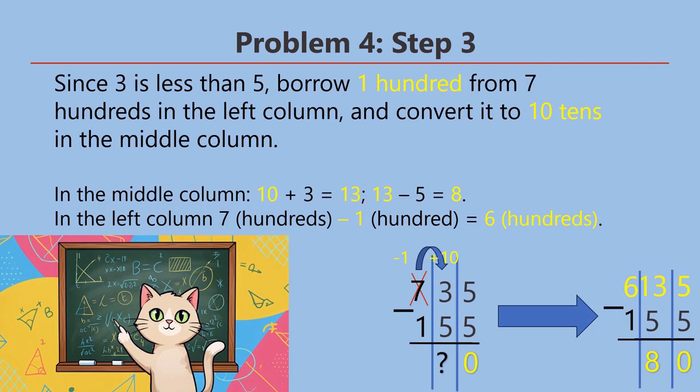Step 3. Since 3 is less than 5, borrow 100 from 700 in the left column, and convert it to 10 tens in the middle column. In the middle tens column, 10 plus 3 is equal to 13, 13 minus 5 is equal to 8. In the left hundreds column, 7 hundreds minus 1 hundred equals 6 hundreds.